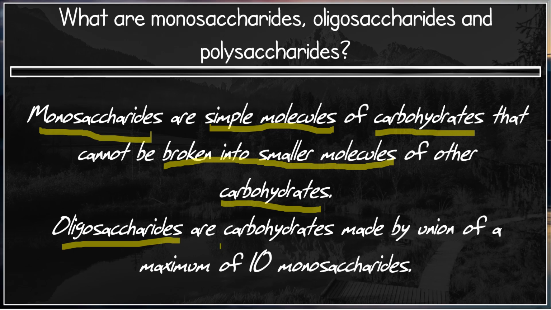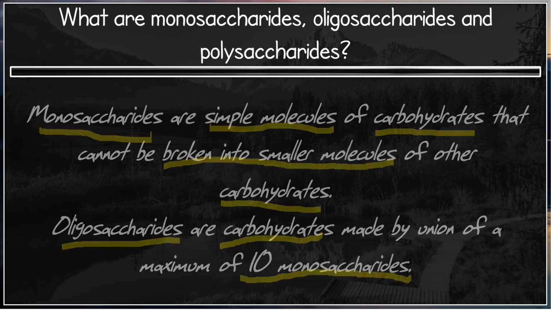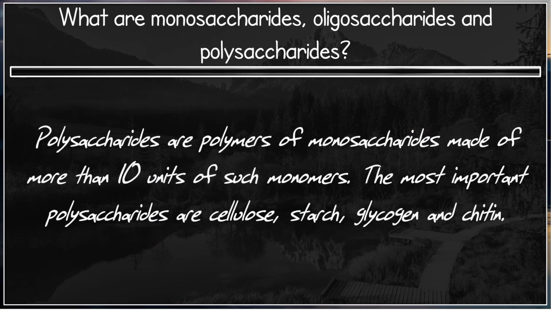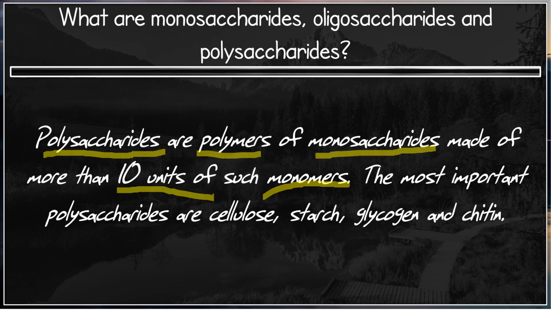Oligosaccharides are carbohydrates made by union of a maximum of 10 monosaccharides. Polysaccharides are polymers of monosaccharides made of more than 10 units of such monomers.